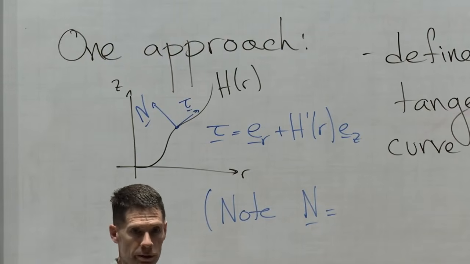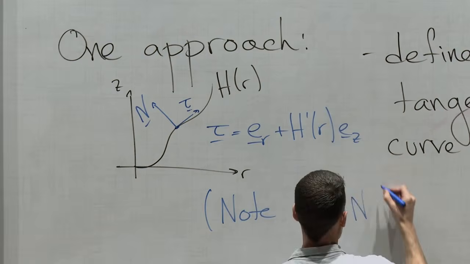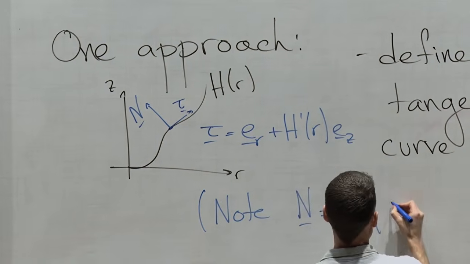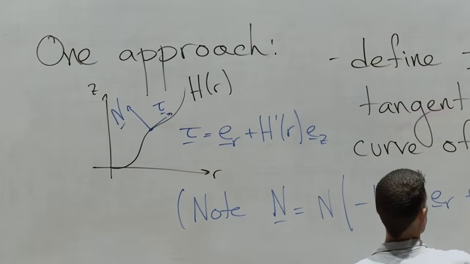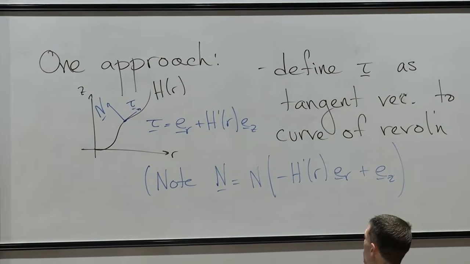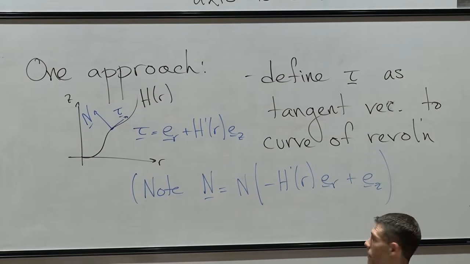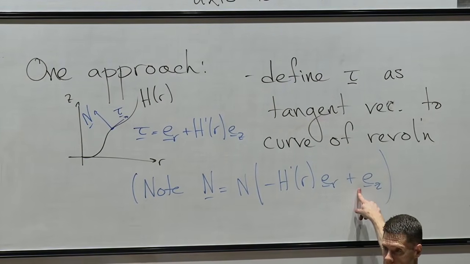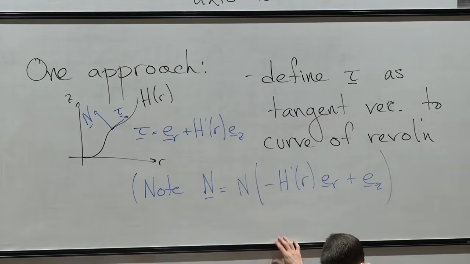I flip the two and put a minus sign. So n is going to be some scalar n times (minus h prime er plus ez). That vector dot tau is 0. And I've chosen the sign so that it's pointing up in the ez, which is what I need, so that should be positive.